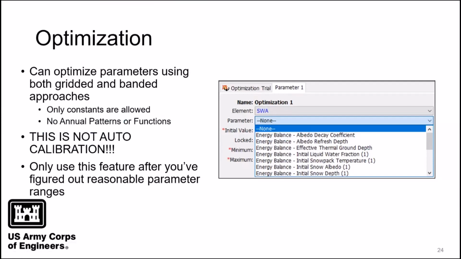The purpose is for you to spend time manually calibrating, adjusting parameters to a reasonable range, and investigating the impact that those parameter values have on the results, and then coming in with an optimization trial to fine-tune the parameter ranges. Right now in the optimization trials, you can optimize any constant value parameter, using either a gridded or banded snowmelt approach. We don't yet have the functionality for annual patterns or functions.